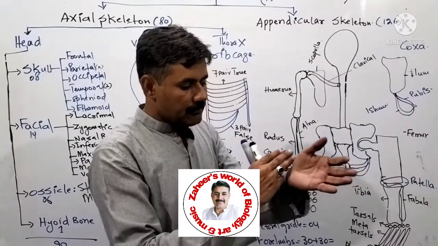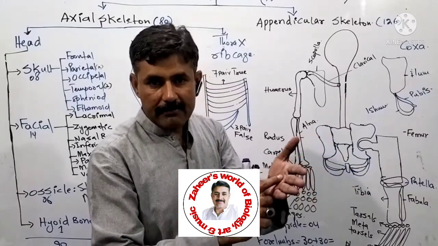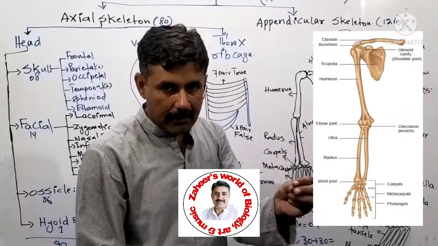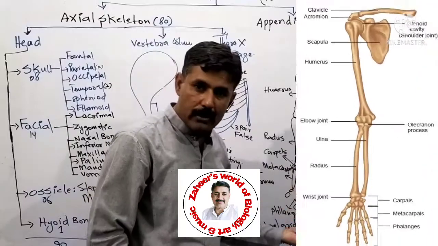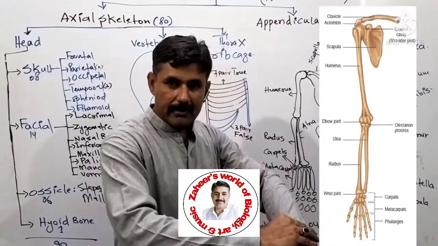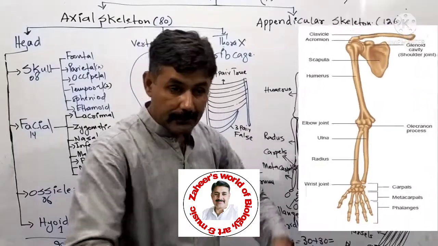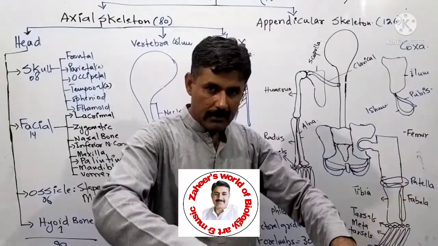So carpals are 8 in number, metacarpals are 5 in number, and phalanges are a total of 14 in number. They make a limb which is called the forelimb or arm. A total of 30 bones are present in one arm and 30 bones in the other arm. They total 60 bones that are present only in our forelimbs.